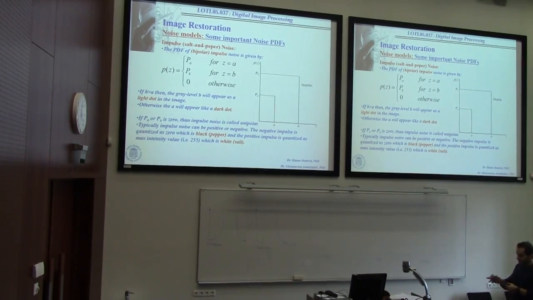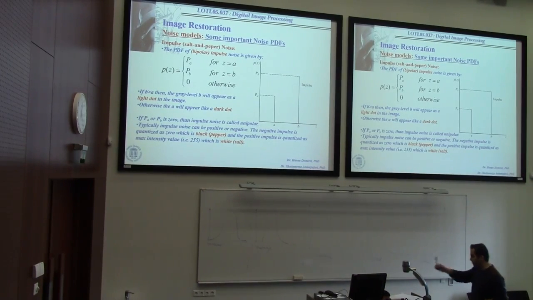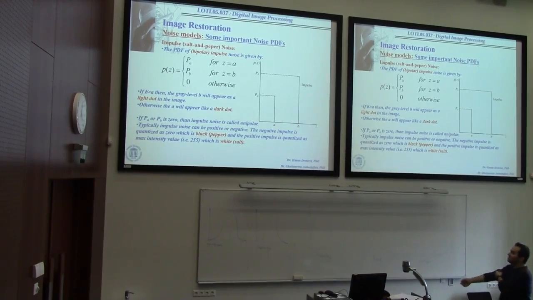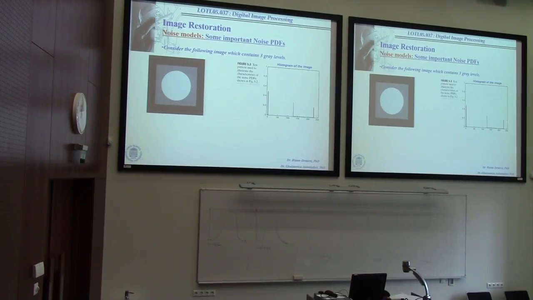Okay. So we know some PDFs of the noise that is in the image. Now we can easily estimate the noises. Then after that we can use some operation to remove the noises from the image.